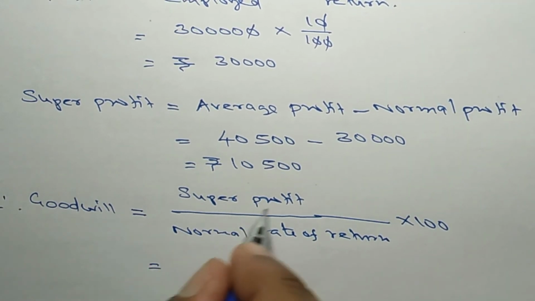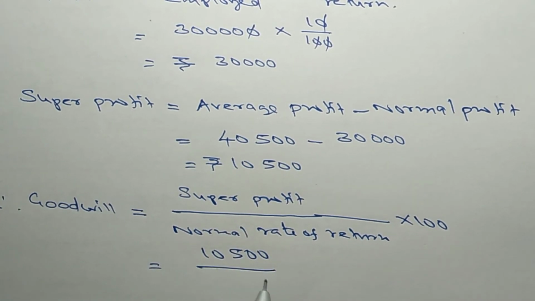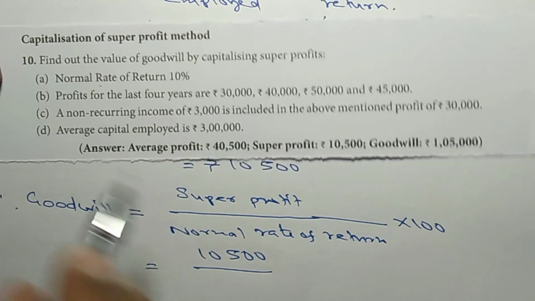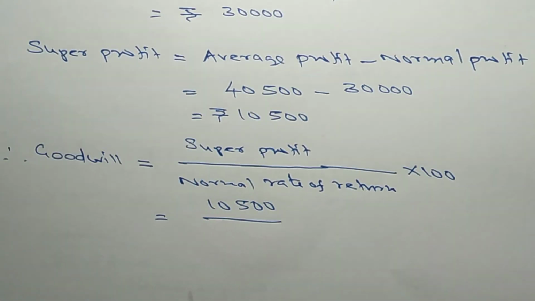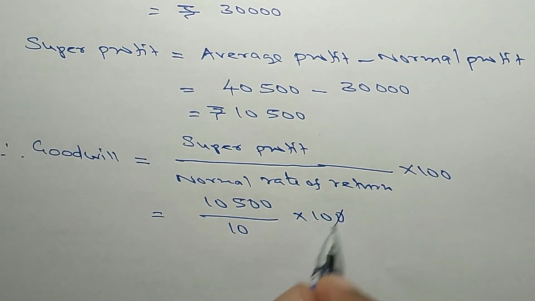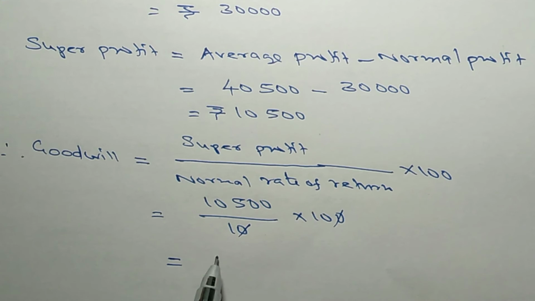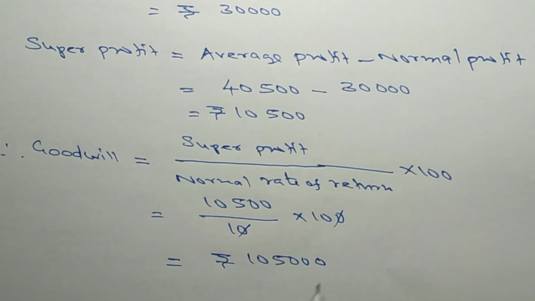Super profit is 10,500, divided by normal rate of return. It is given that the normal rate of return is 10%. So here 10 into 100, the 10s get cancelled. That is equal to rupees 10,500 into 10. 10 means just take 10. So 1,05,000 is the value of goodwill of the firm.